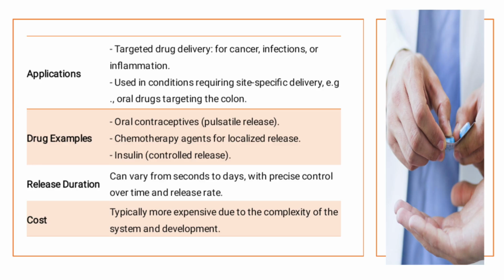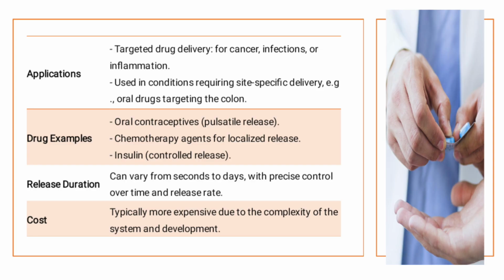The third example is insulin. Okay, so some forms of insulin are control release, that is, they work very slowly over time, keeping blood sugar level steady. Okay, then talking about release of drug or release duration. So these types of formulations are generally prepared in such a way that they release from hours to days, but the key is that the release is controlled and happens exactly when it is needed.